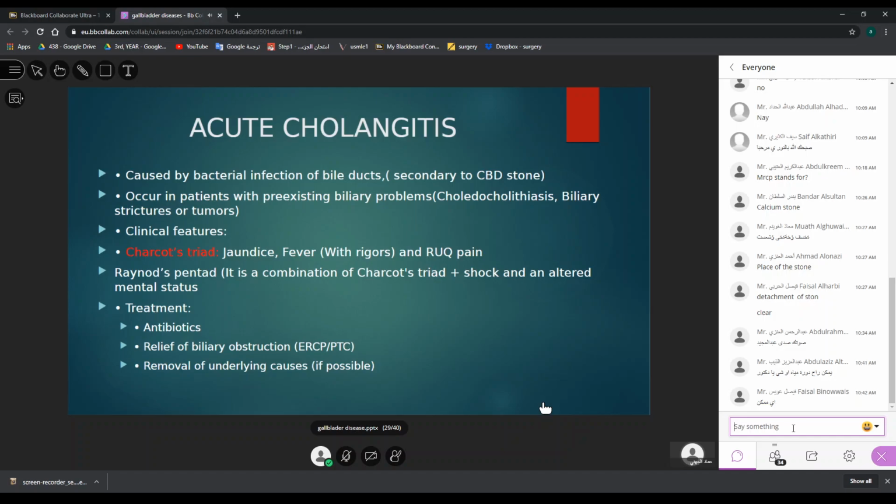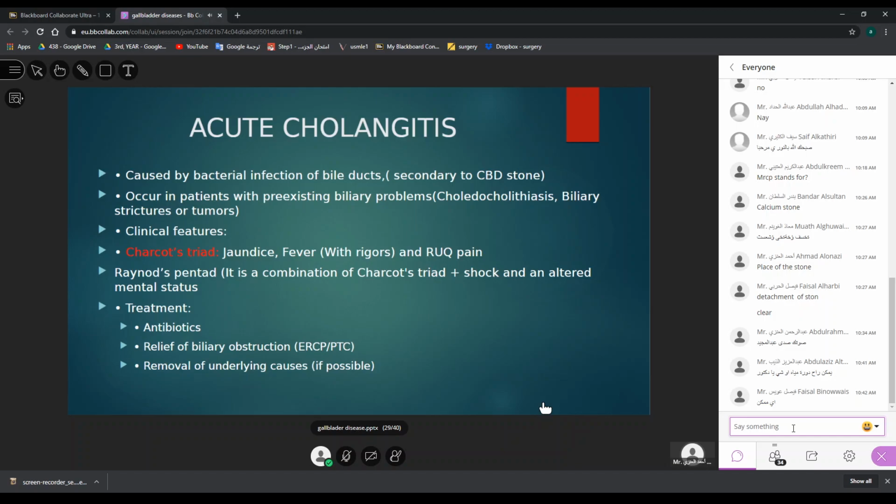What is the difference between CHD and CBD? The opening of the pancreas comes into the CBD but not into the common hepatic. No, not the pancreas. Ahmed Al-Enezi, what is the difference between CBD and common hepatic? I expect, like Abdulaziz said, the opening to the ileum.